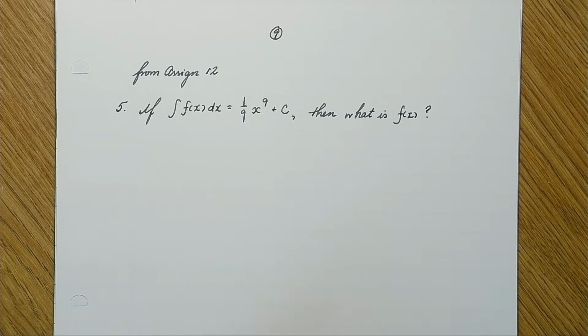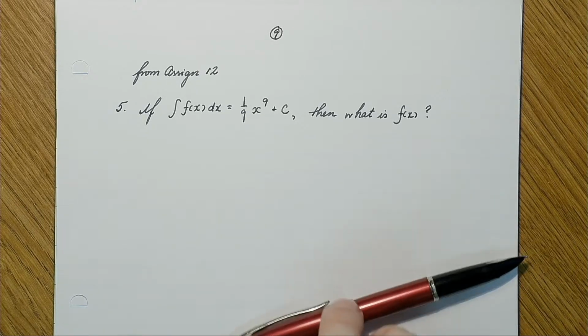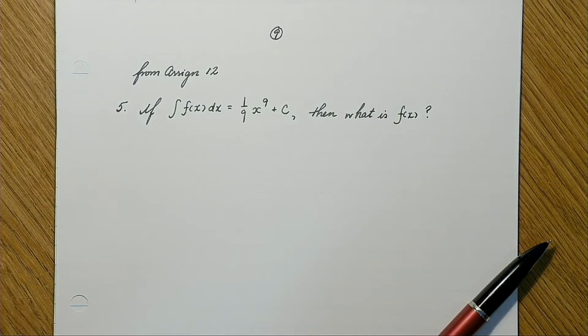I'll leave that for the chat. You can tell me what is the answer, or what should I do? Either one's good, without looking at the assignment, because the assignment already has the answer posted. How do I find that f of x?